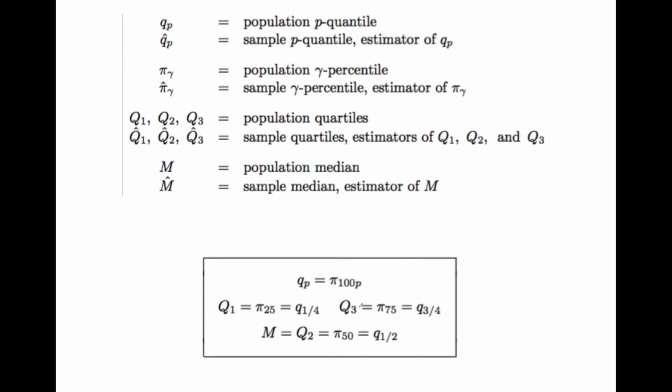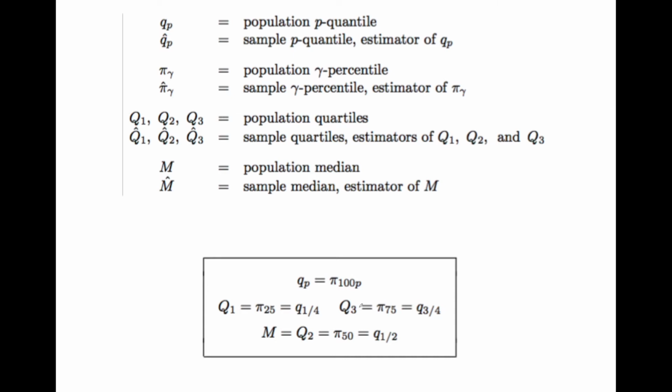So we also have the population quartiles, Q1, Q2, and Q3. We have their sample equivalent, which are estimators for the population quartiles, Q1 hat, Q2 hat, and Q3 hat. We have, as we had before, the population median, and we solve for that. And then we have the sample equivalent, which is an estimator of the population median. The sample median is M hat.